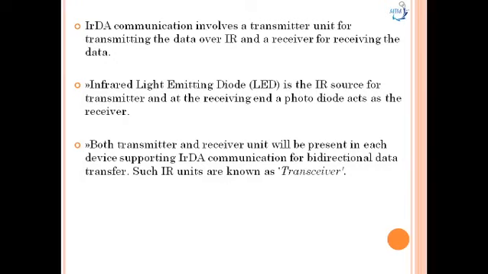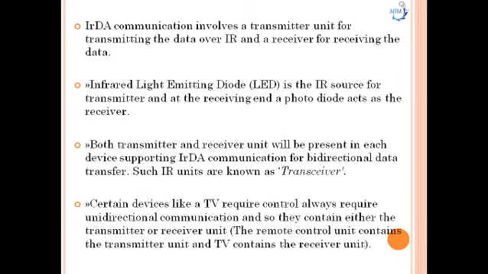Such IR units are known as a transceiver, which will act as a transmitter as well as the receiver here. Certain devices like a TV always require unidirectional communication, and so they contain either the transmitter or the receiver unit here. The remote control unit contains the transmitter unit and a TV contains the receiver unit here.